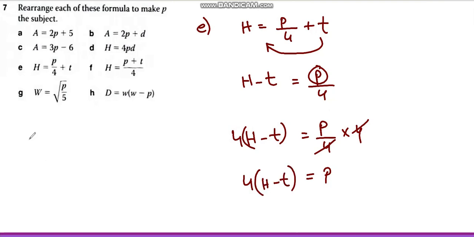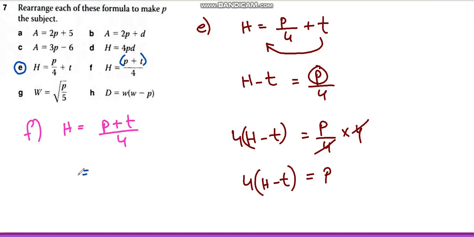Now I will do the F part. In the F part, we have H equals P plus T over 4. Look, the F part is a bit similar to E, but here you can see that the sum of P and T is being divided by 4, meaning the whole sum of P and T is being divided by 4. That's why, first of all, we will remove the 4 from here.